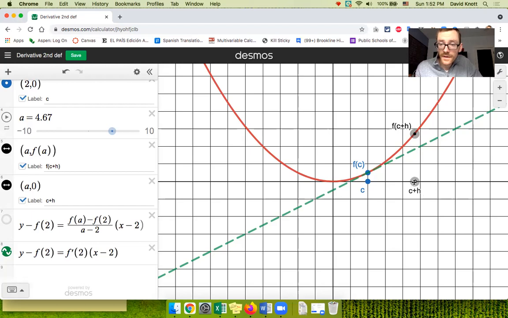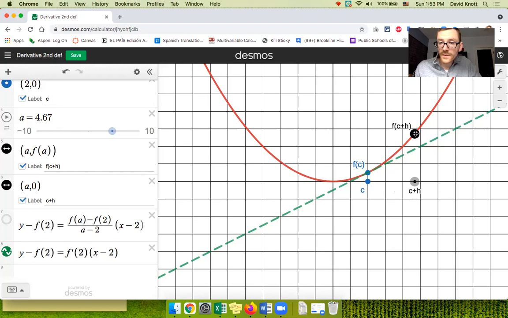In other words, the X coordinate of this point has to be C plus some small amount, and that small amount is what I'm calling H. So you should imagine that H is some small positive number like 0.5. If you take C and add H, you'll land here at a nearby point whose horizontal position is C plus H.